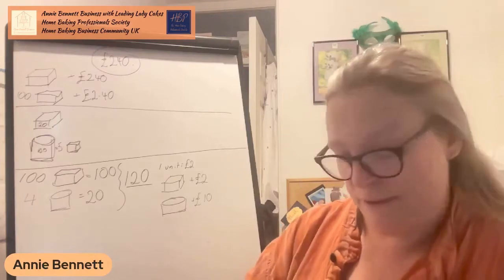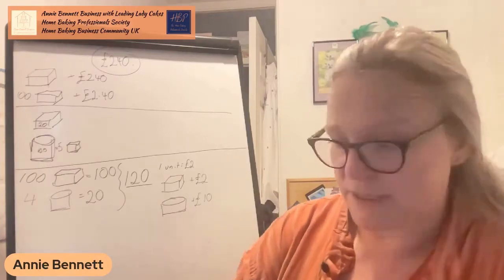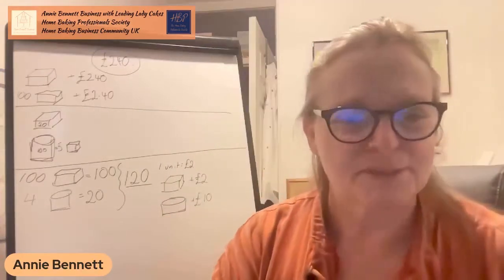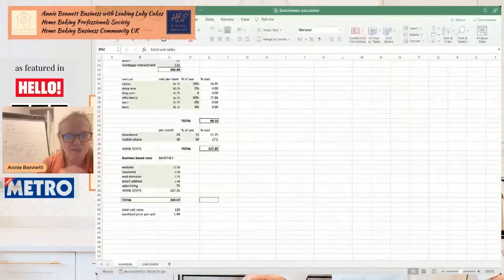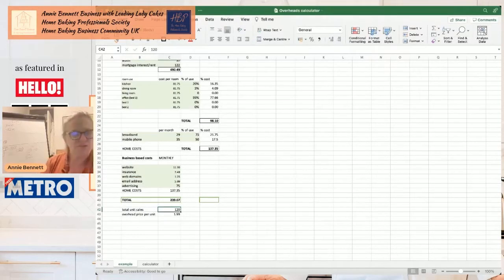Now, I make wedding cakes, which is a lot easier because I'm not dealing with such big numbers. So if I come back to my spreadsheet here, actually, see, I've put 120 in there, which actually comes at 199, but it's about 2, isn't it? Now, with my wedding cakes, I average over a year, because obviously May, June, July, August, and actually this year, September, I'm having more.